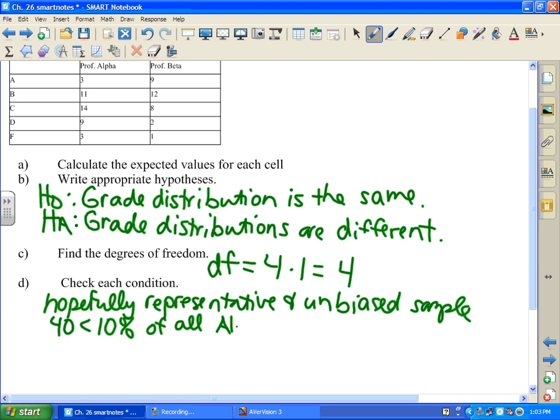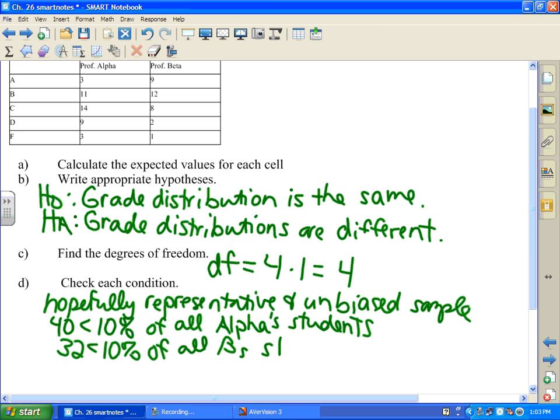So it's all Alpha students. And how many did Professor Beta have? 32, so that should be less than 10% of all his students. If it's his first year teaching, then it would be bad, but we're just going to have to assume that's good.